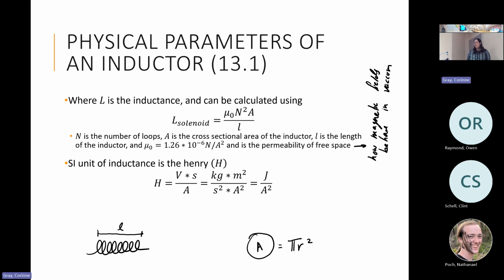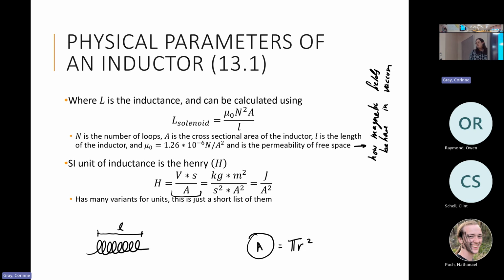And here is a short list of all the different ways you can represent the Henry. The one that is important to us for the sake of this class is volts times seconds per amps. That is typically the most useful one to utilize.